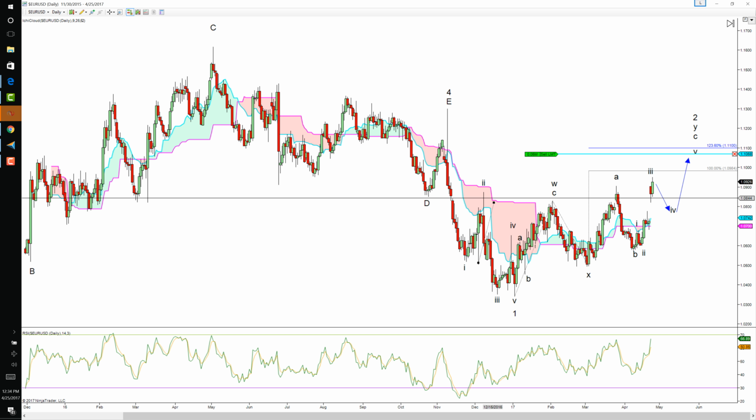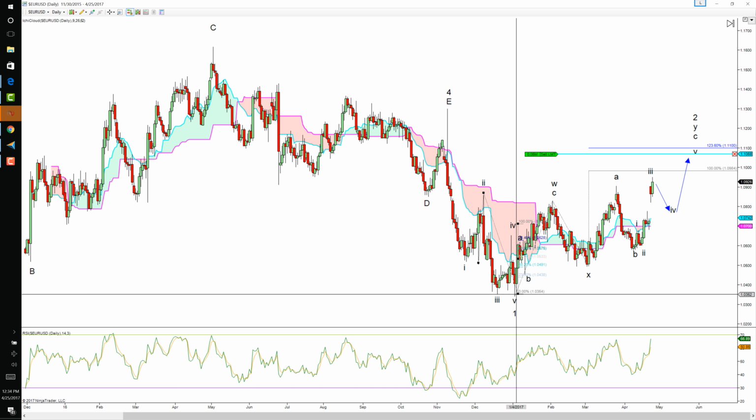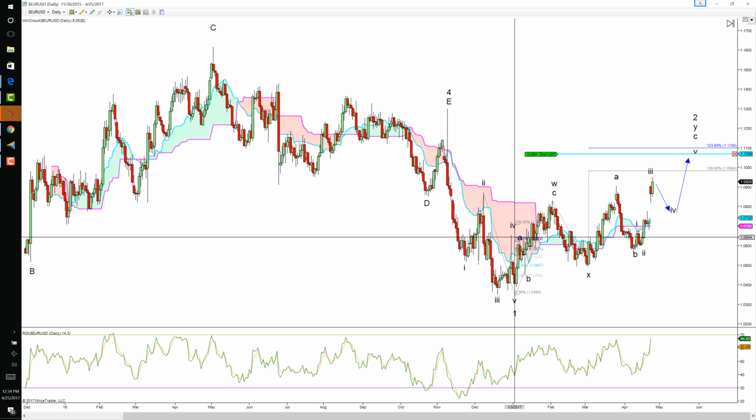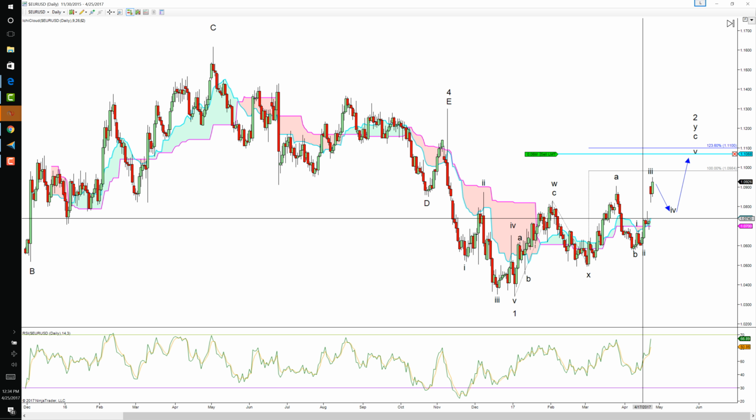So I would take from the bottom of A to the top of A, down to the bottom of B. That's well above 100, that's probably 1.618. But what I want to do is be so A, 2, 3, 4, 5. So I would need to change these labels if that's the case.